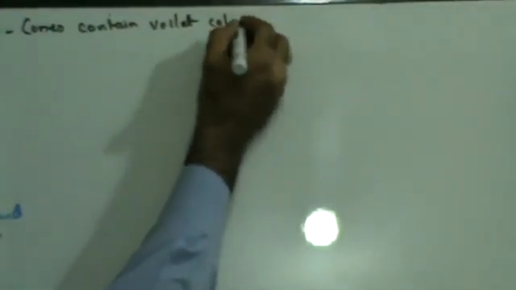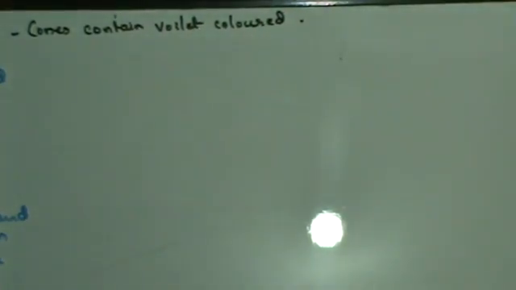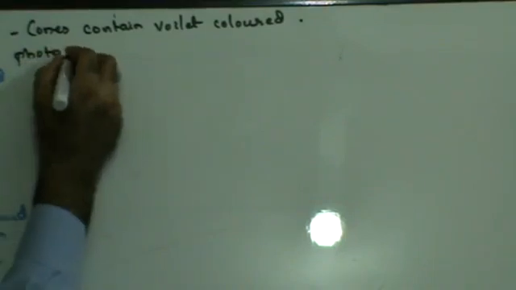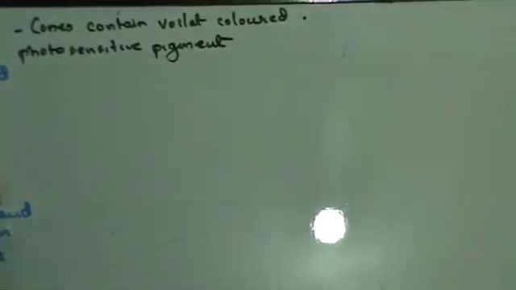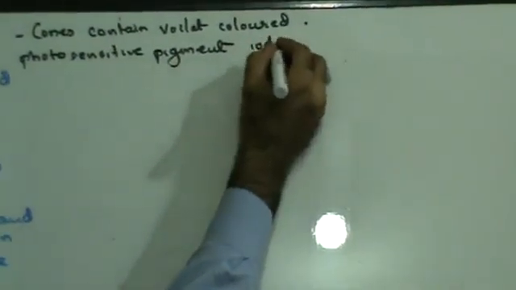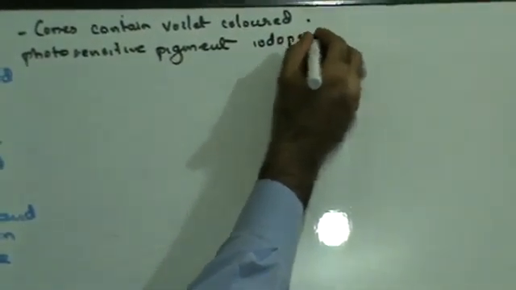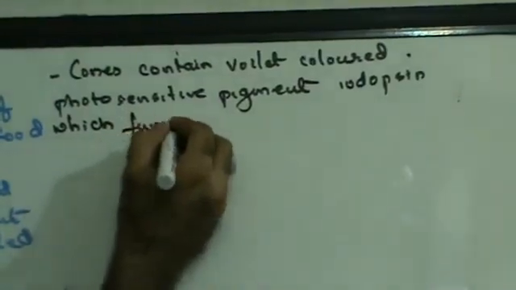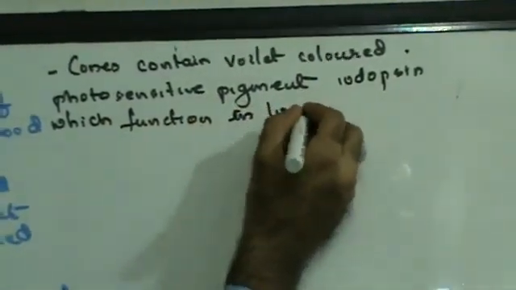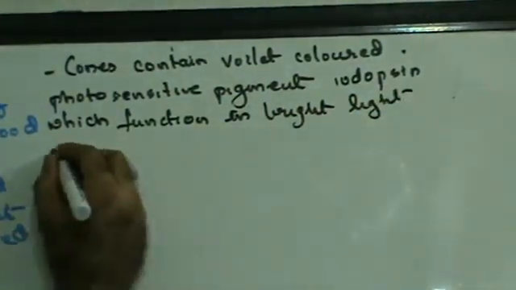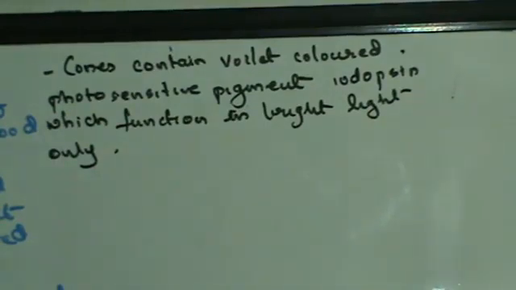Then you have cones, which contain a violet colored photosensitive pigment called iodopsin, which functions in bright light only. So rods function in dim light, cones function in bright light only.